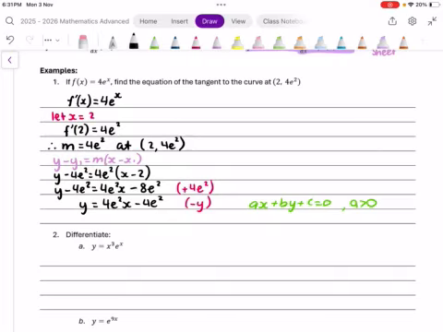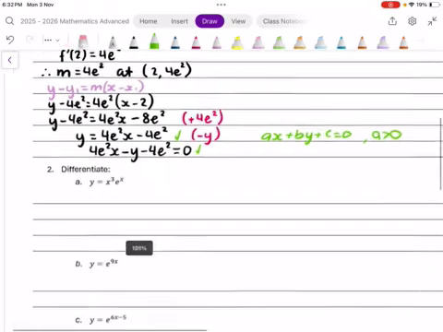So we would have that 4e squared x minus y minus 4e squared equals 0. So either one of these is correct in finding the equation of the tangent to the curve. It just depends which form we're asked for. If you're not asked for a form, you can choose.